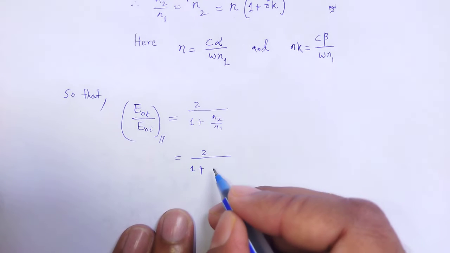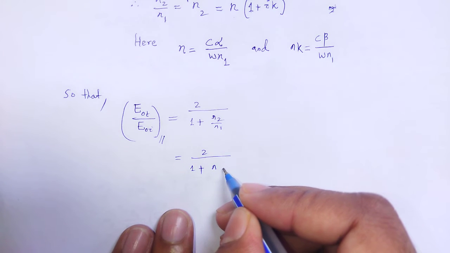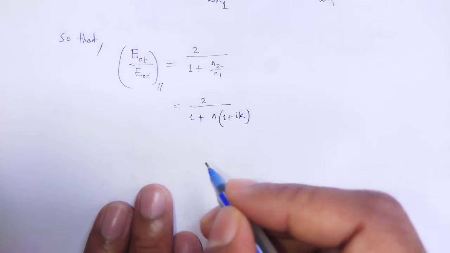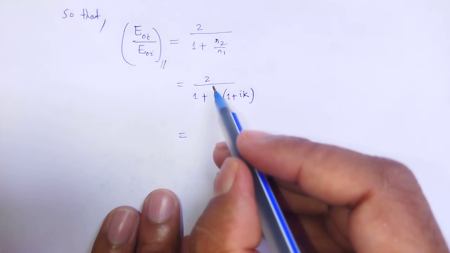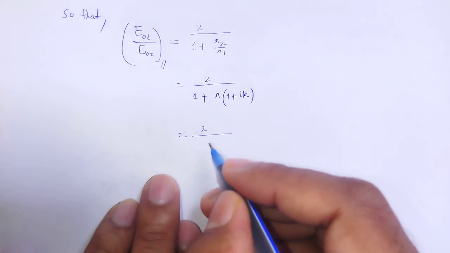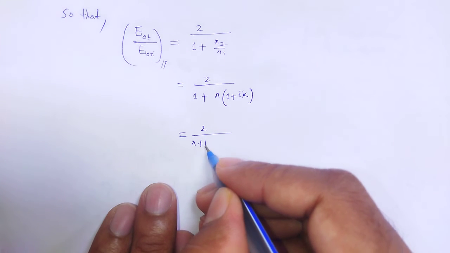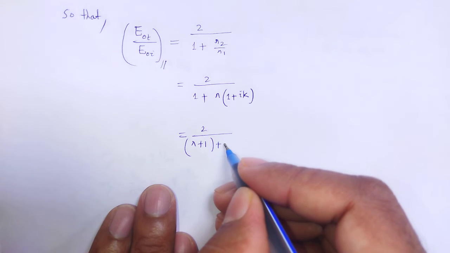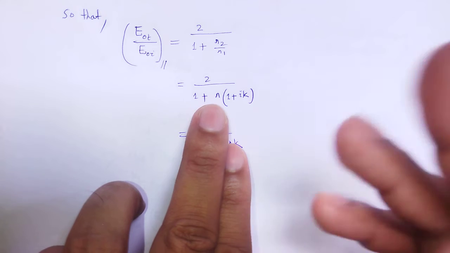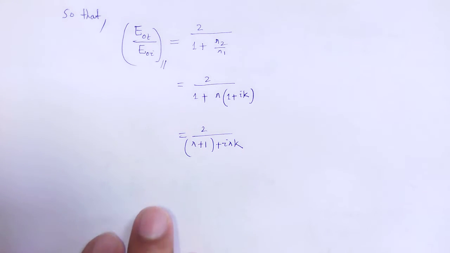Here N2 by N1 is equal to N whole into 1 plus Ik, which is equal to 2 divided by N plus 1 plus I Nk, N plus 1 N Ik.